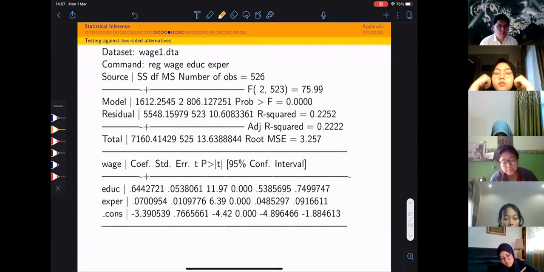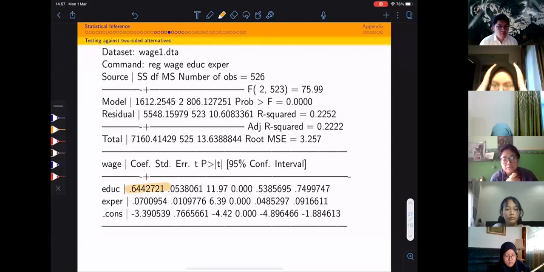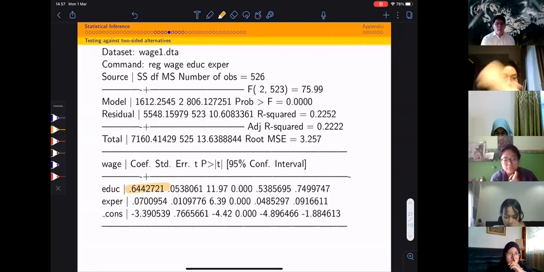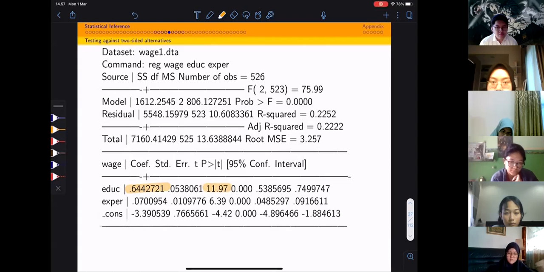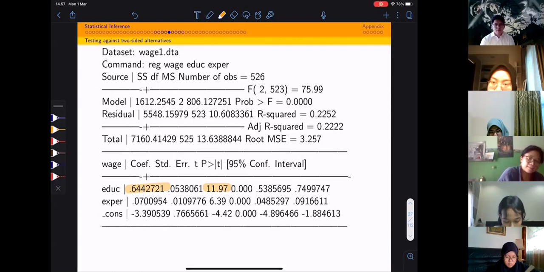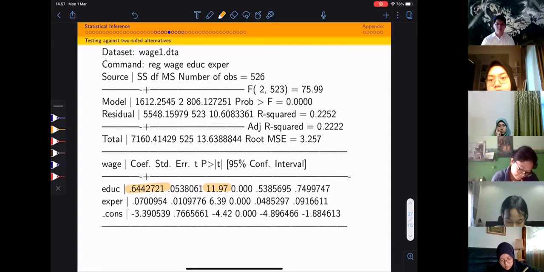So the estimated coefficient for education is 0.644, and the t-statistic is 11.97. Given this finding, and given the rule of thumb of 2, we can state that education has a positive and significant relationship with wages at the 5% significance level. And even further, it's significant at the 1% significant level.